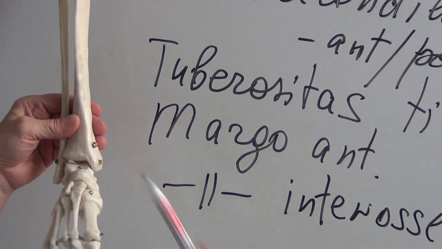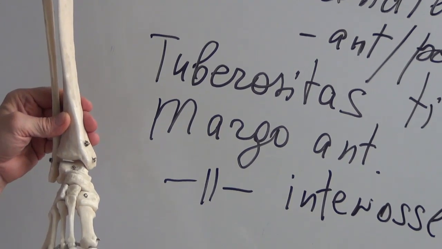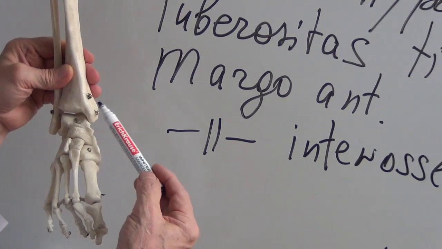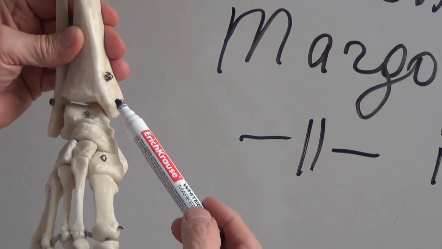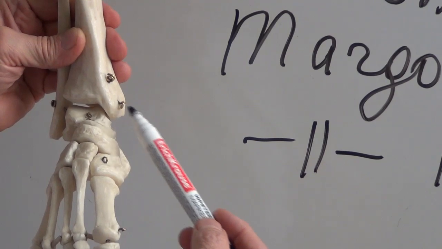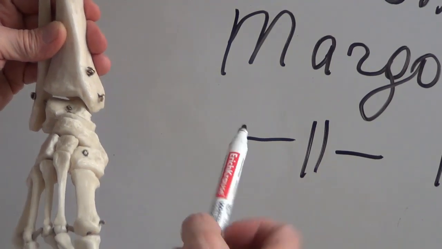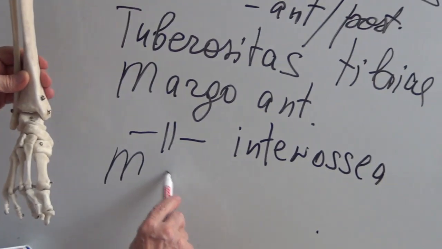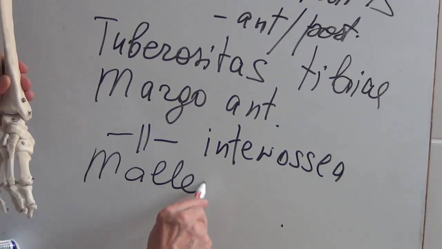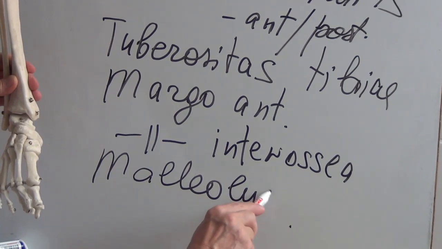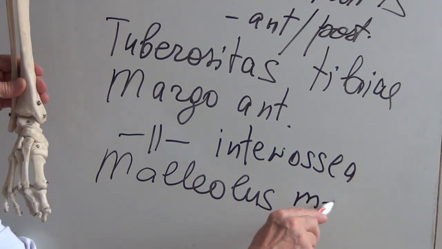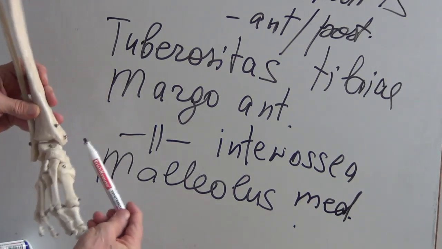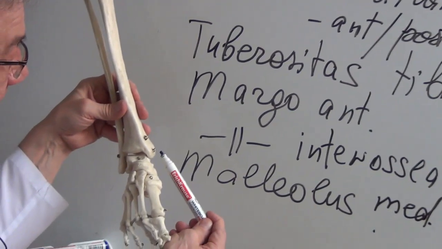And then, more distally located structures. We can find here a special structure which is called malleolus, the malleolar process, malleolus medialis. I use the abbreviation MED, which means malleolus medialis.